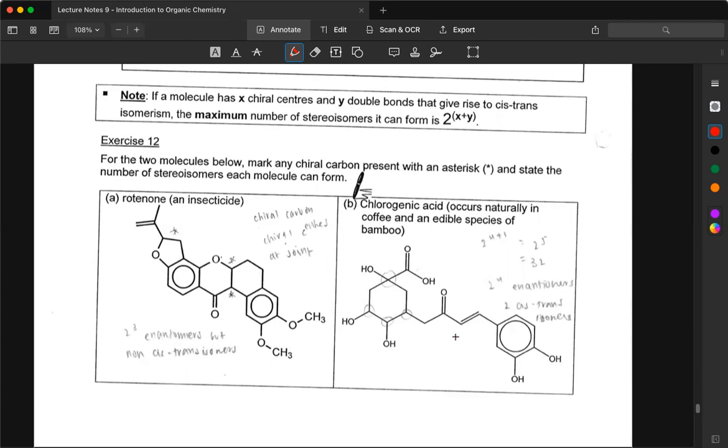It's 2 to the power n, and then two cis-trans isomers.